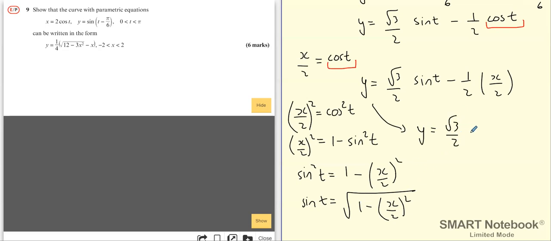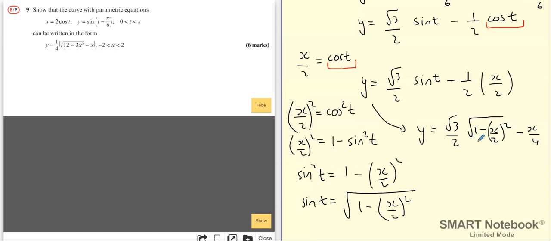So now from this, we can do y equals root 3 over 2 times, replacing sine t, the square root of 1 minus x over 2 squared, minus x over 4. Are we happy with that?